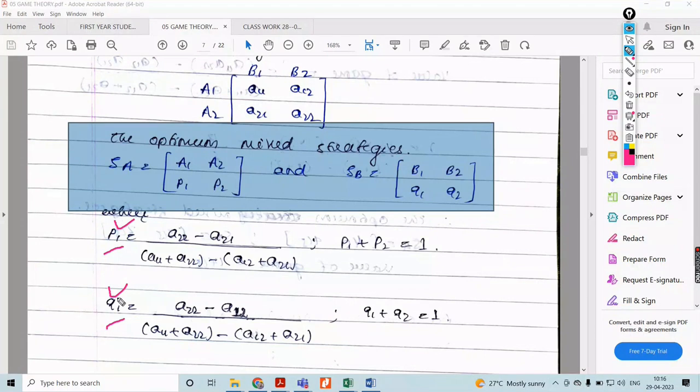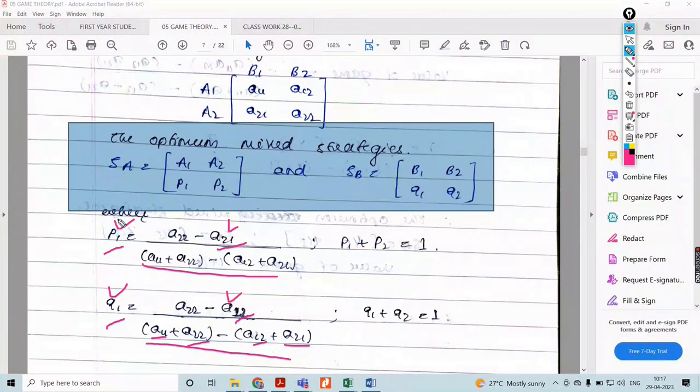For these two, the only difference is this: A21 here, and A12 for Q1. Q1 is (A22 minus A12) divided by (A11 plus A22 minus A12 plus A21). These two have the same denominator; only the numerator changes.